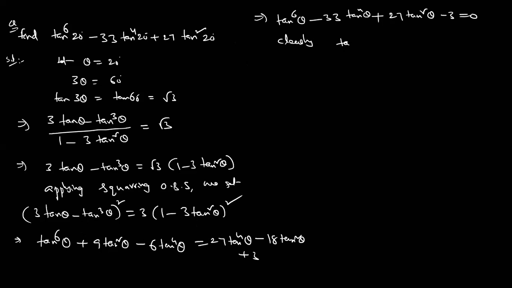Clearly, what is the meaning here? Tan 20 degrees is the root of the equation. That is the meaning. Therefore, now dear students, what they are asking, put theta is equal to 20.